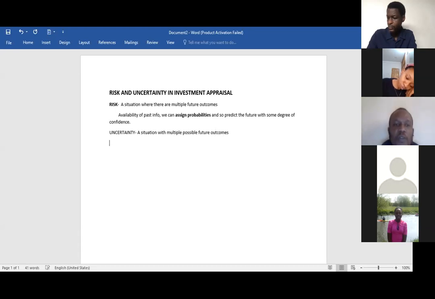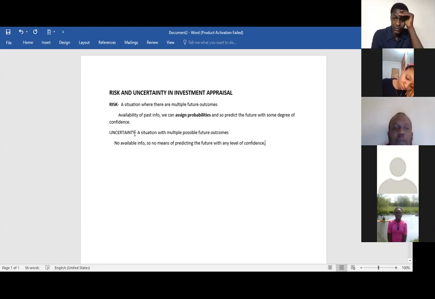But in the case of uncertainty, there is no available information, so no means of predicting the future with any level of confidence. So that's the difference between both of them.